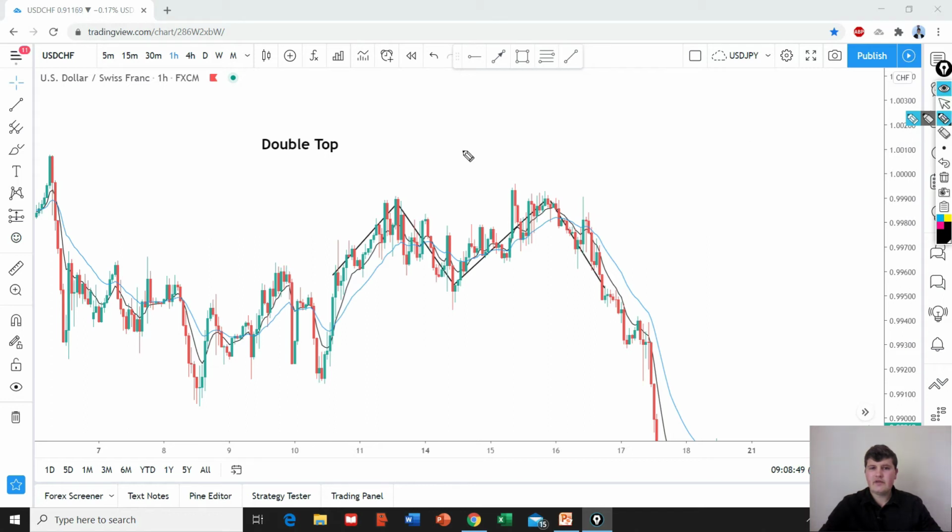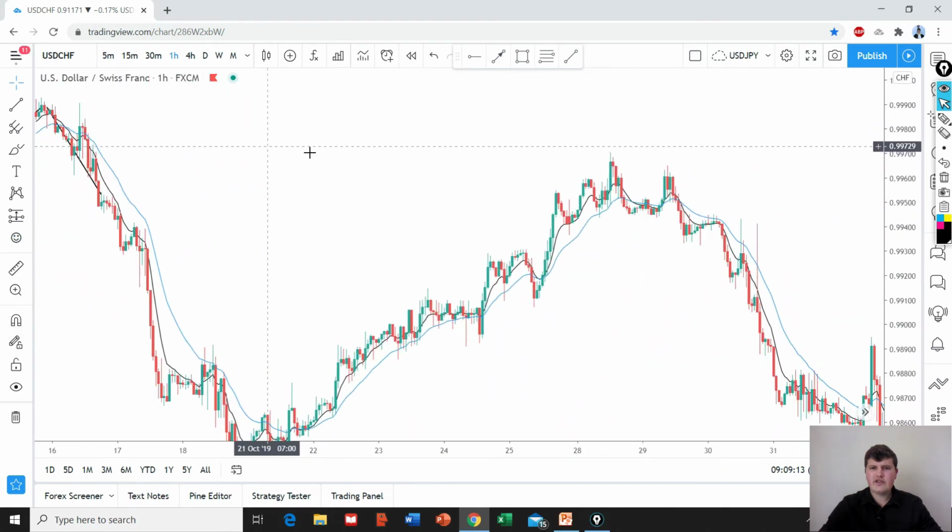And when double bottoms appear, for example like this, the same rules apply. You wait for price to break above this specific resistance area over here and you catch the move higher. So that is how you can trade a double top and a double bottom when they appear in the market.